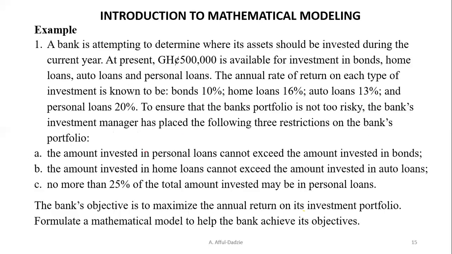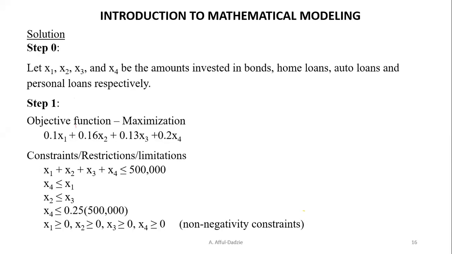Then the manager says that the amount invested in personal loans cannot exceed the amount invested in bonds. So personal loans X4, bonds X1. We cannot invest more in personal loans than in bonds. But think about it carefully.